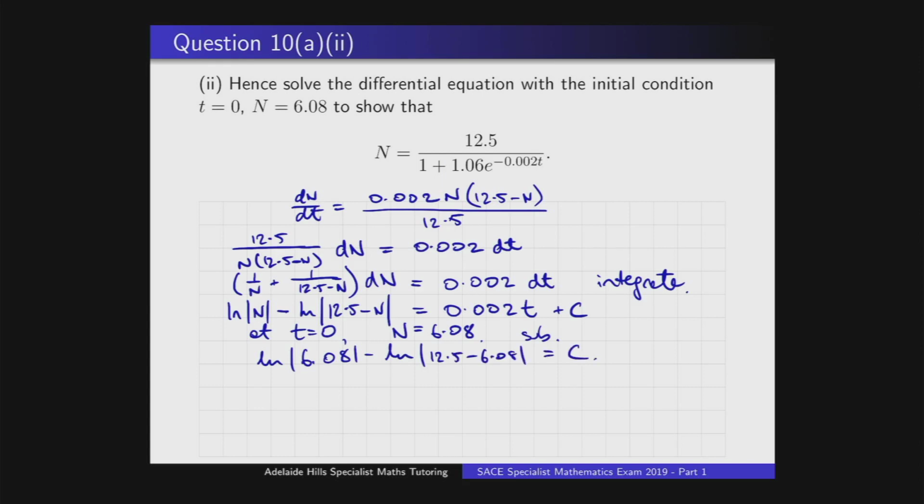That's what c is equal to. And we can write that in terms of c is equal to ln, and these are both positive numbers, so we don't need the absolute values anymore. And we're going to get 6.08 divided by 12.5 minus 6.08, which is 6.42.